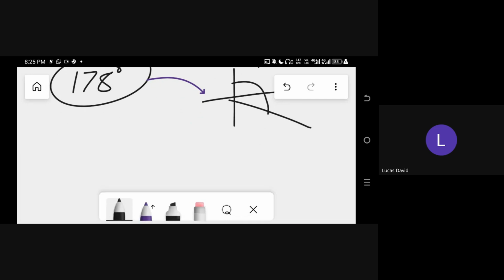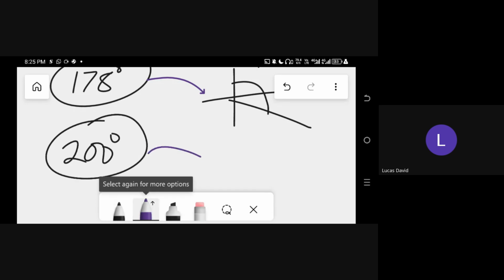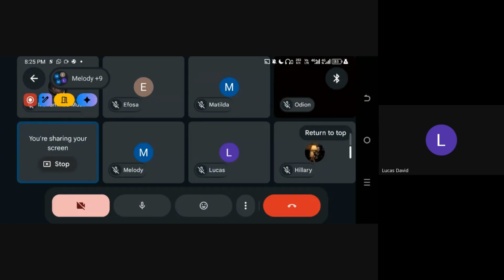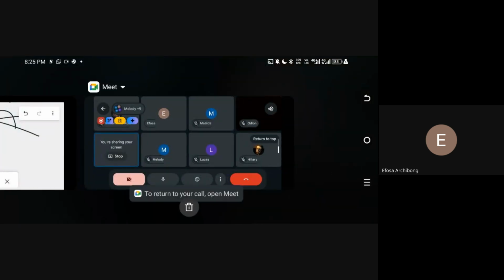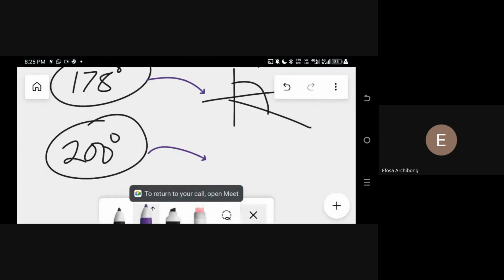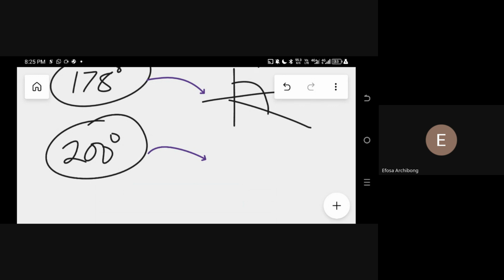Let's move to another person. Let's say 200 degrees. Sir, let's hear from you. 200 degrees. What quadrant should we draw 200 degrees in?